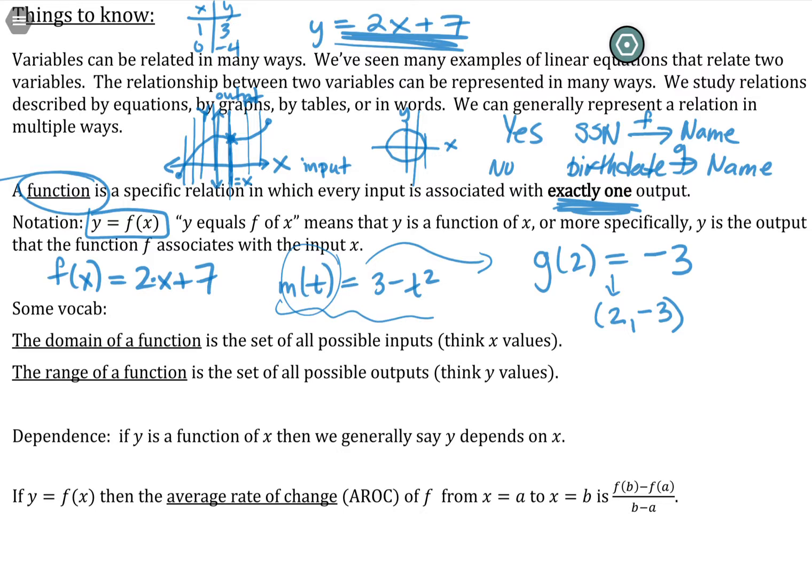What we're doing in this section is defining a type of relation where you have an input-output sort of direction going. You know what's input, what's output, and you know that if you plug in one input, you'll get exactly one output. So that's what we're going to study for the rest of this class, all of pre-calc 1 and 2, functions. Functions are a big deal. So we are, like I said, doing just a little shift in our thinking. It's actually not as dramatic as it might seem at first.